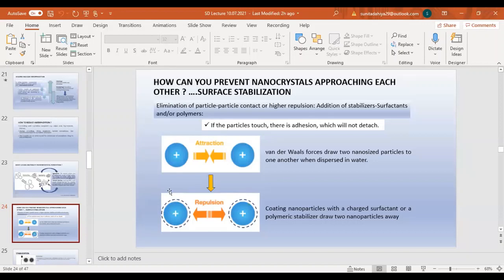If it is a positive surface charge, there will be a negatively charged coating, and if it is a negative surface charge, it will be a positively charged surface coating, using either polymer or surfactant. So there will be a coated layer of the stabilizer, which will prevent the two particles from coming together. And this is how you can avoid the aggregation of the particles.